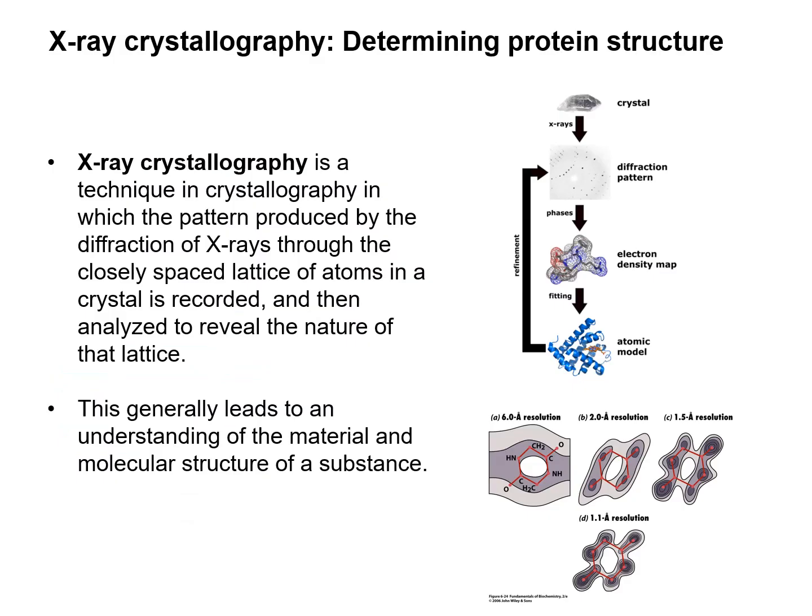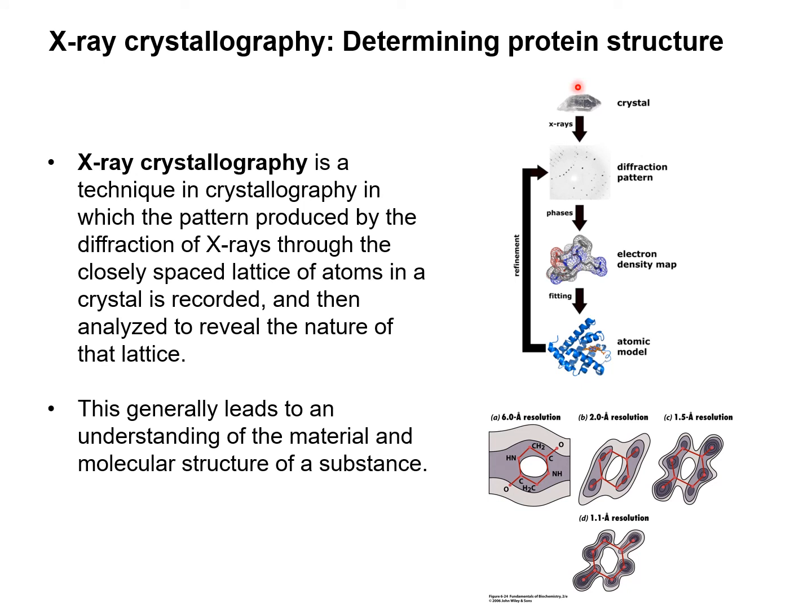To determine the 3D protein structure experimentally, X-ray crystallography is widely used. This is a technique in crystallography that uses X-rays on a crystal formed under specific conditions. Sometimes it takes months to get this crystal, depending on the molecular interactions of the protein or the substance that you're looking at.